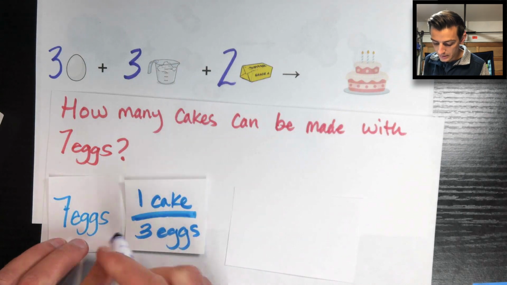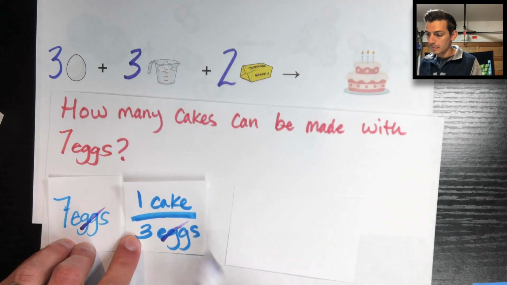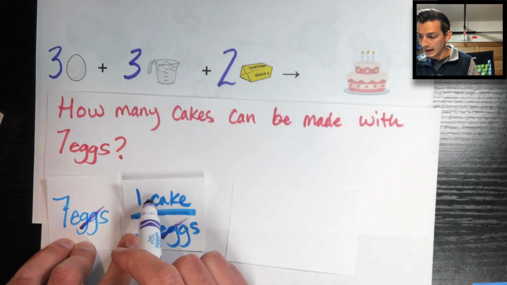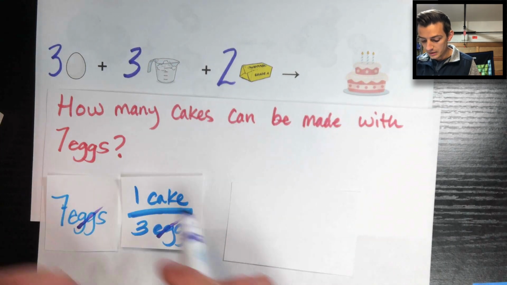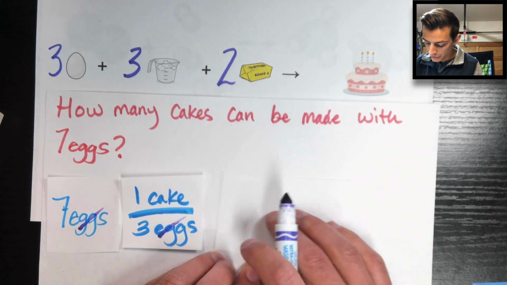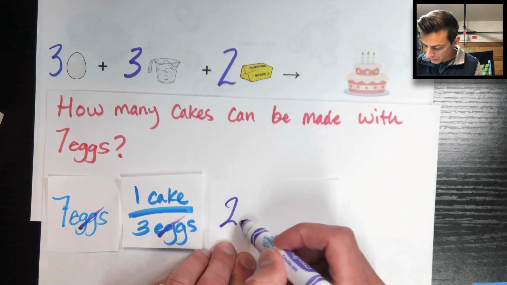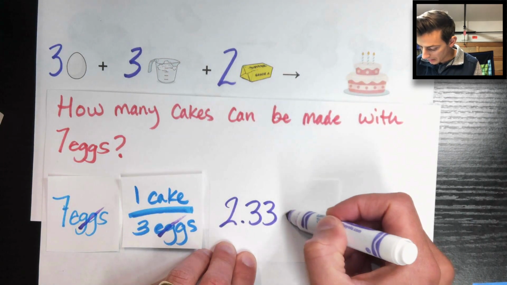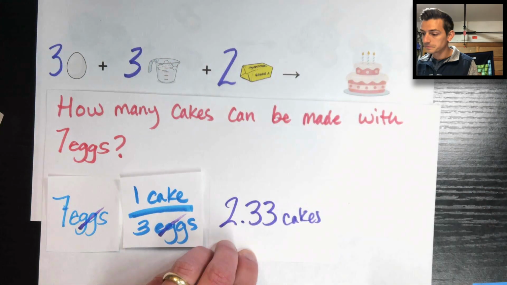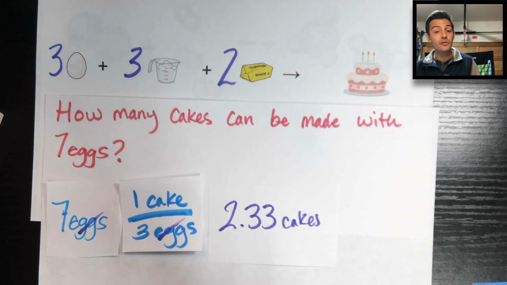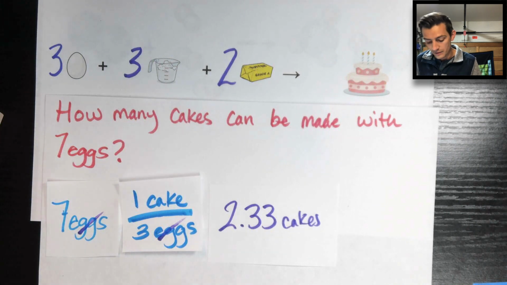So 7 eggs, and the eggs are going to cancel, times 1 cake, is going to be 7 divided by 3, which is 2.33 cakes. And so 2 1/3 batches of cakes can be made with my 7 eggs.